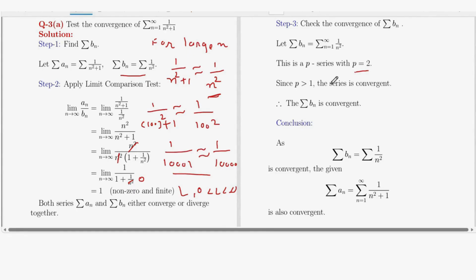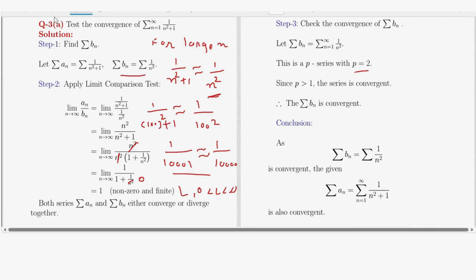Okay. Now Bn is convergent, and also from this we can say series An and series Bn either converge or diverge together. Okay, so that's why Bn convergent है तो An भी क्या होगा, An is also a convergent series.